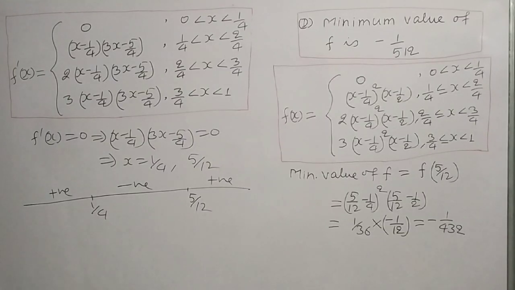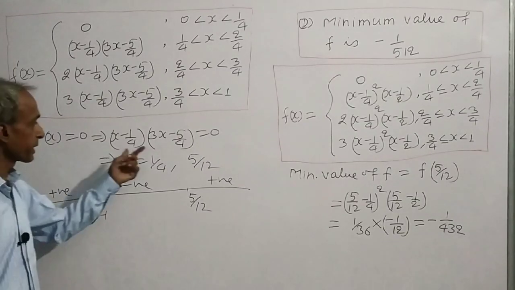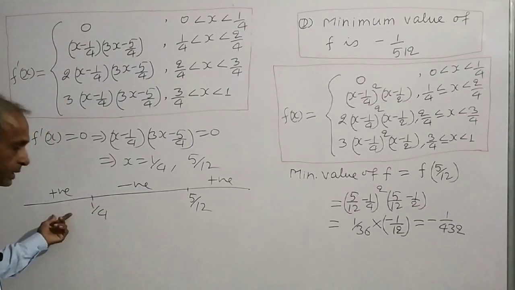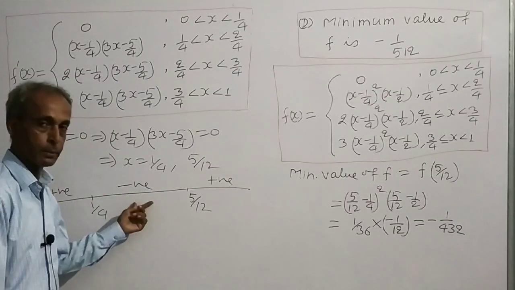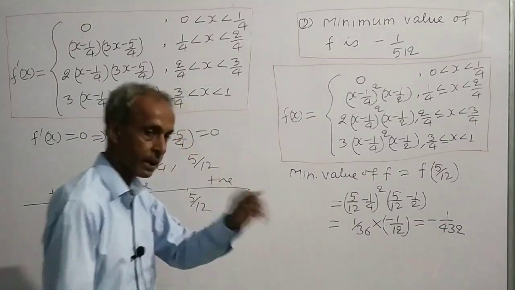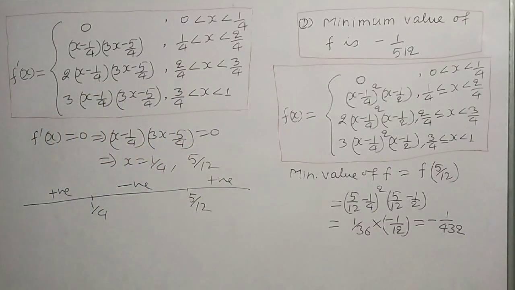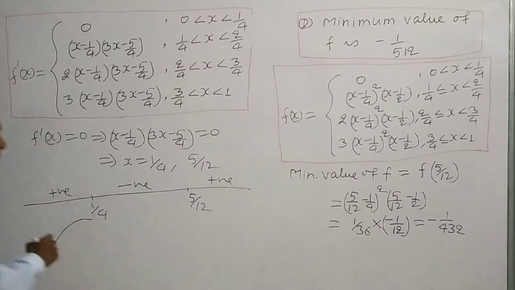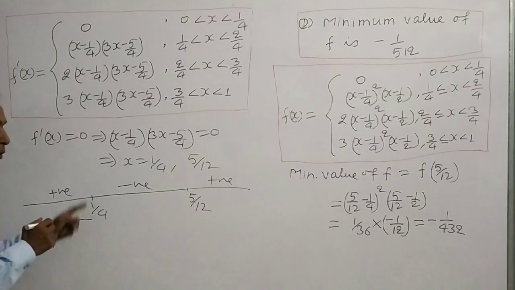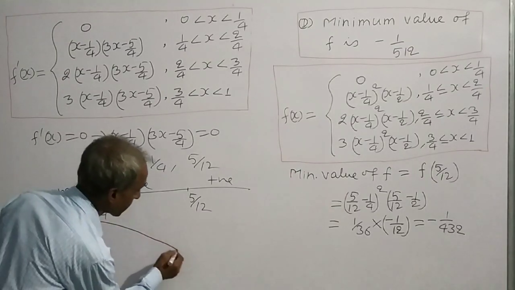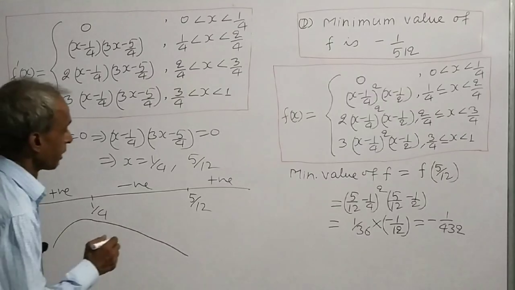Now the sign of this expression will change alternately. Here it is positive, then it will be negative, then it will change its sign and become positive. When f'(x) is positive, the curve goes in the upward direction. When f'(x) is negative, the curve moves in the downward direction.